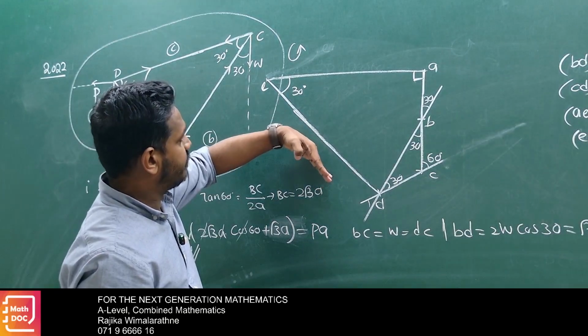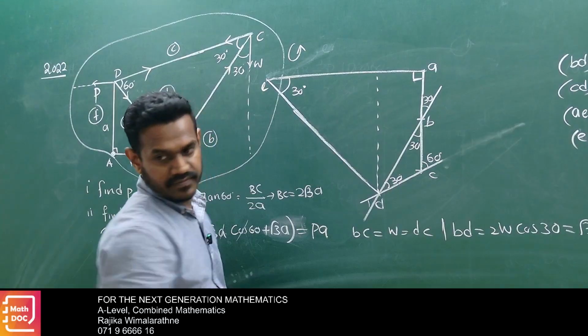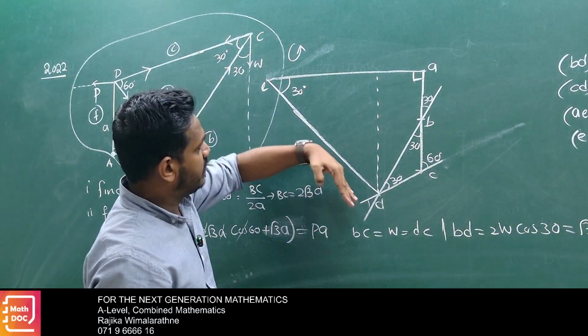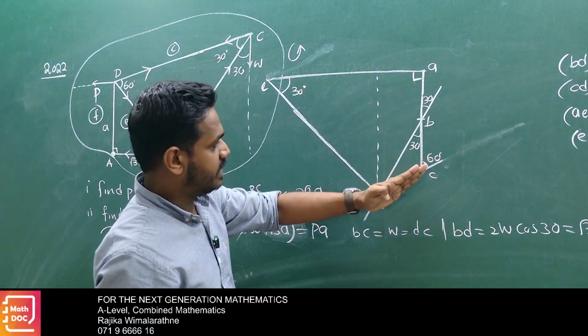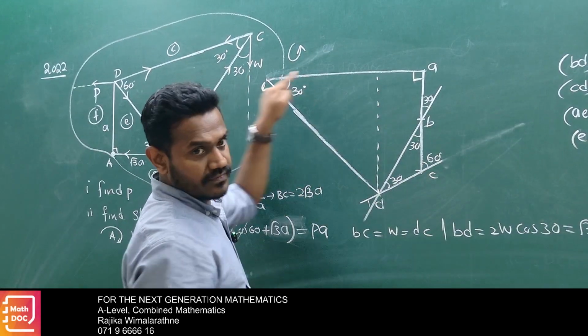Here ED, check my method. ED cos 30, DC cos 30, addition AE, no?